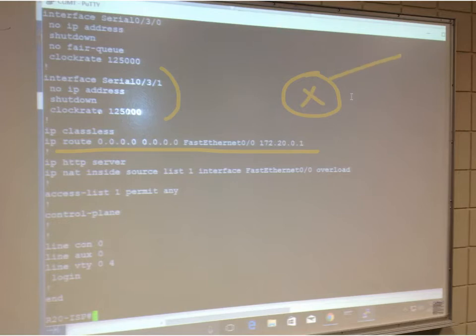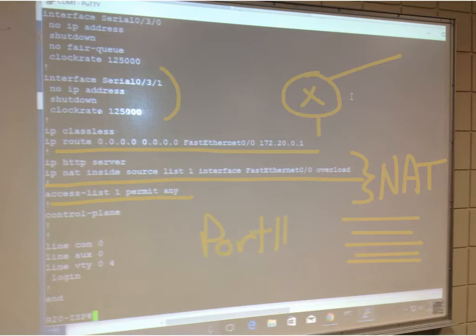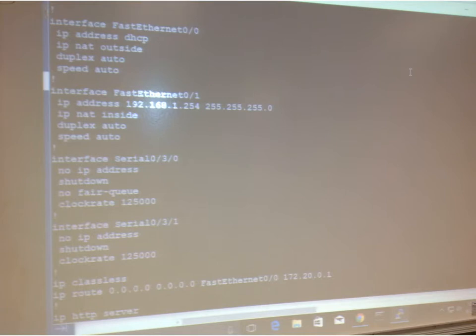So that would be going out. And this command in unison with this command, this does the network address translation. And then we looked at the NAT translations, and they saw the port numbers. And we're going to look at that as we move forward quite a bit. So a little bit of a look at all of it.